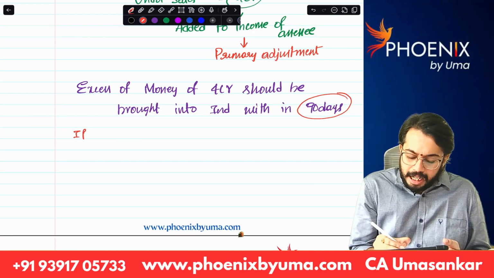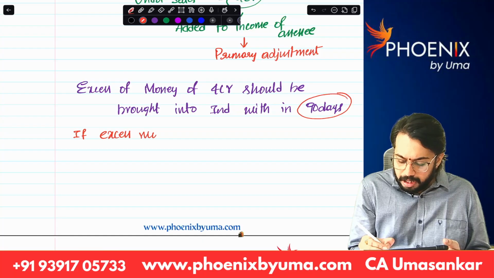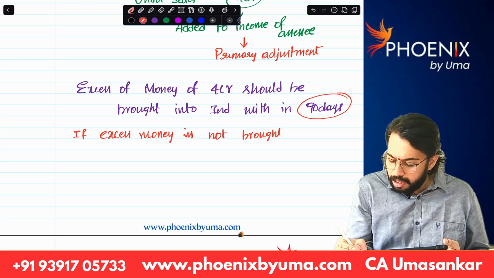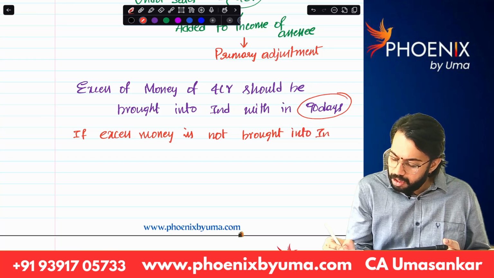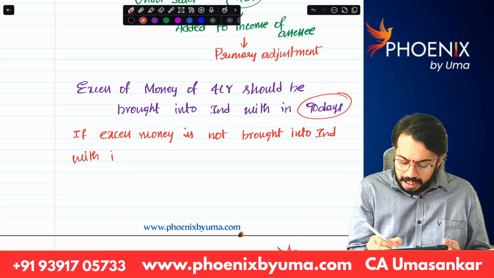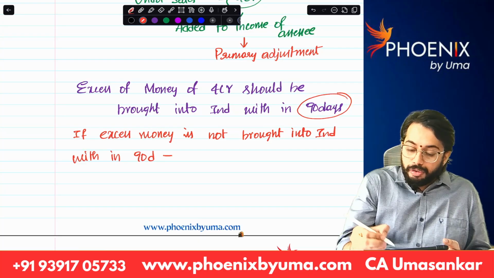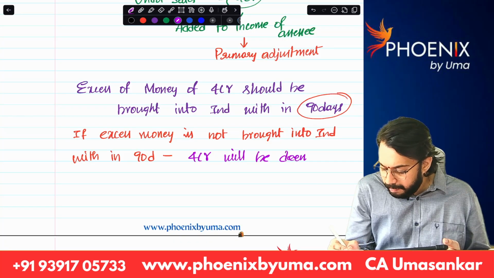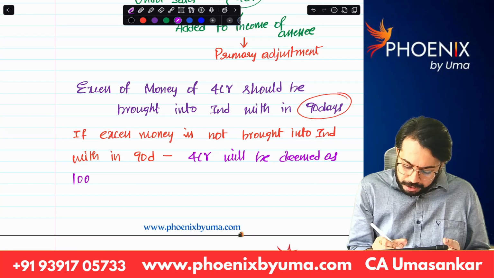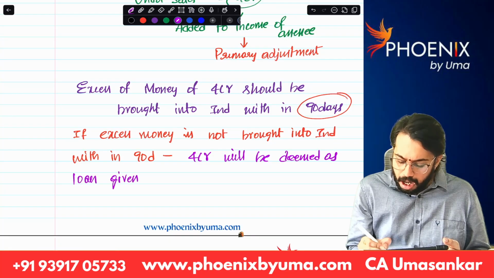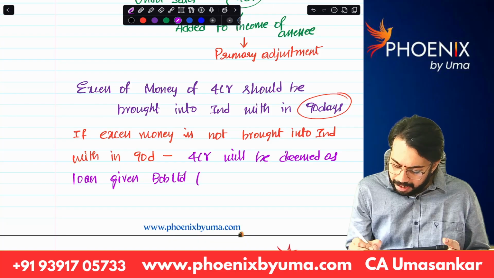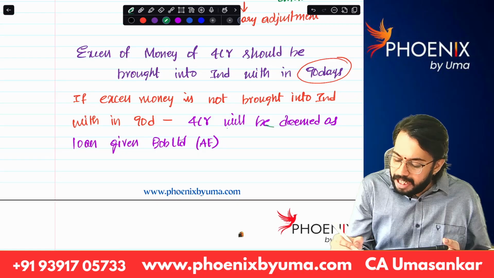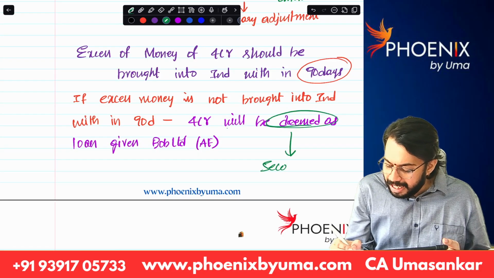If excess money is not brought into India within 90 days, in such case, 4 crores will be deemed as loan given to associated enterprise, loan given to Bob Limited being associated enterprise. Now, whatever 4 crores deemed as loan is there, this we call as secondary adjustment.